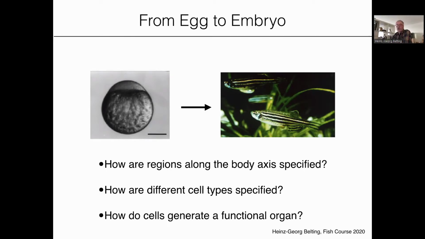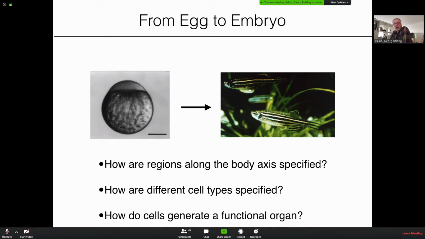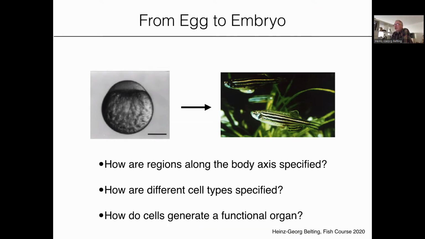In developmental biology, the major question, of course, is, and you may have asked that question yourself, where did I come from and where will I go to? Well, in developmental biology, we ask where do we come from and how did we become what we are today in a physiological, anatomical sense, and not spiritual.